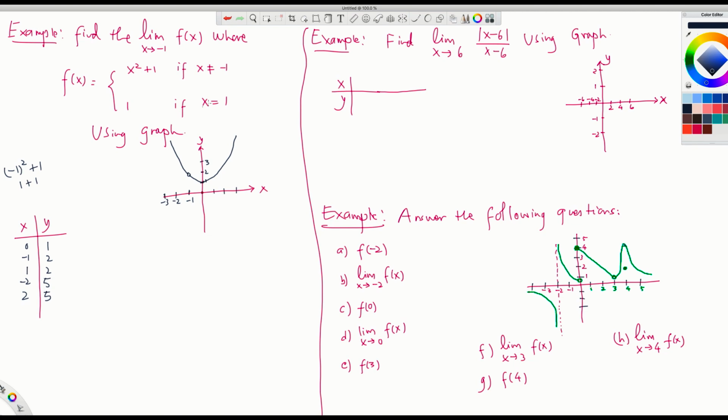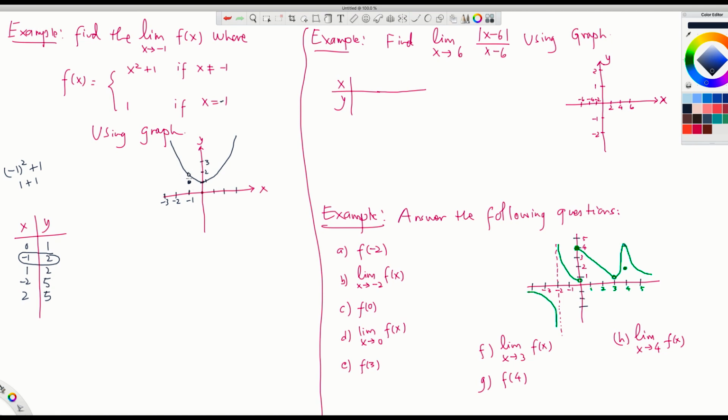But what is the height at -1 though? It is 1. This is what the graph looks like. I used this one just to draw the graph, but when you look at this piecewise function, this point does not belong to the graph.